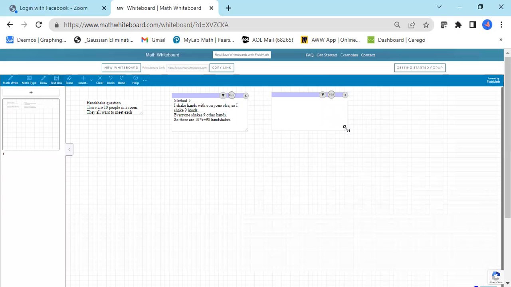Some students, though, look at it differently. They say, okay, there's 10 people. The first person shakes everyone else's hand, shakes 9 hands.